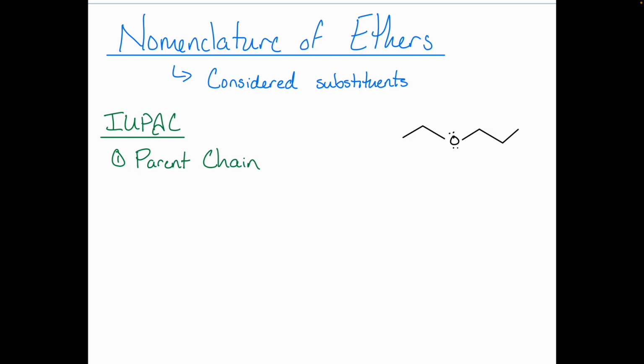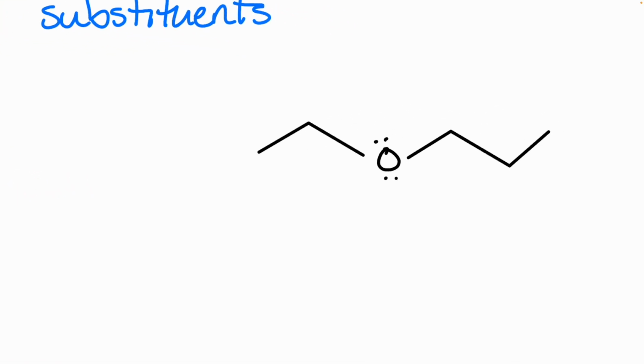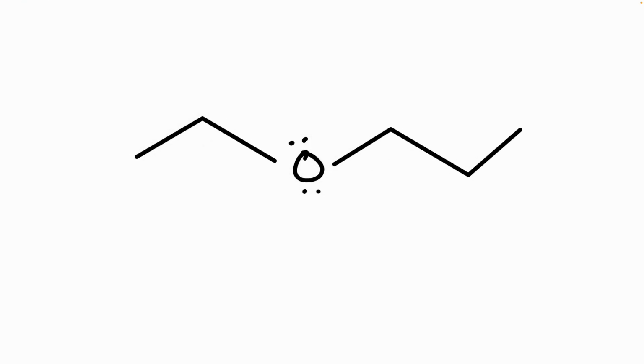That's typically the longest continuous set of carbons, but for ethers, we have this weird situation where we have a carbon chain on either side. So we're going to play a very similar game to what we just did. We're going to chop this thing at our oxygen, and then ask which side is going to be our parent chain. The one with more carbons is always your parent chain.